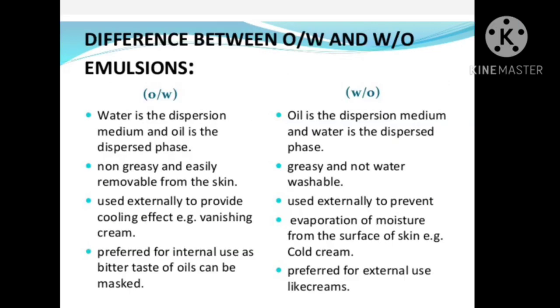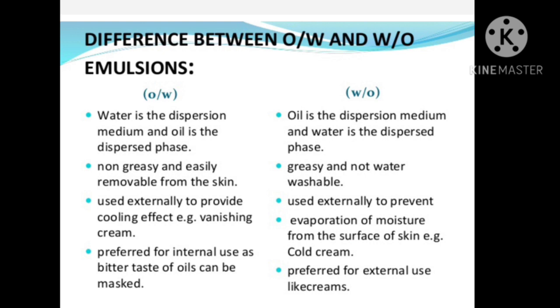Let us see the difference between oil in water emulsions and water in oil emulsions. In oil in water emulsions, oil droplets are dispersed throughout the water. In water in oil emulsions, water droplets are dispersed throughout the oil.